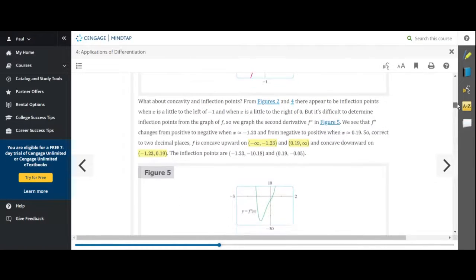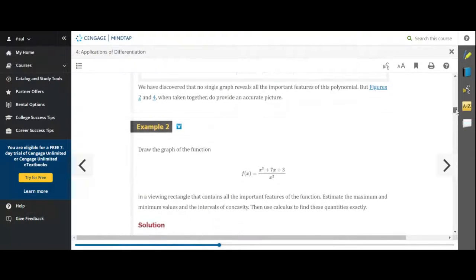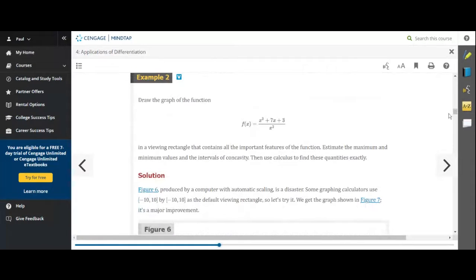So basically you're using your calculator in section 4.4 to help you figure those things out, because the functions are too complicated in section 4.4. But you will not do that in section 4.3. In section 4.3, for those problems, those functions are simple enough that you can work off of the charts to determine where functions are increasing and decreasing and where functions are concave up, concave down.